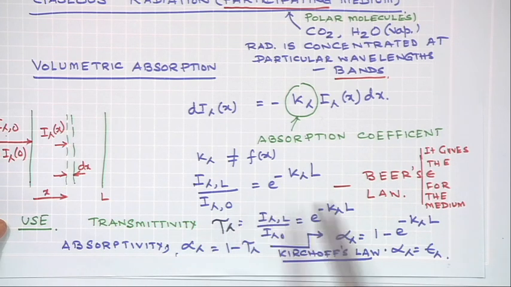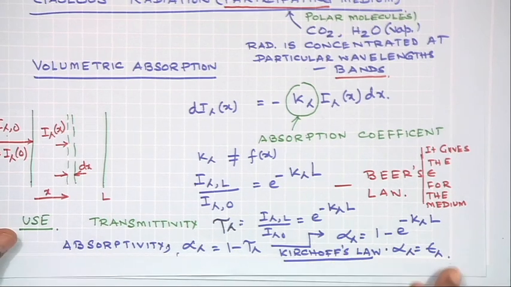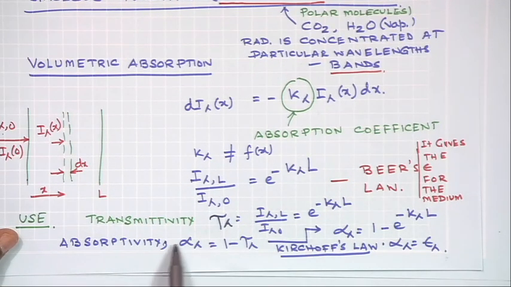So, transmittivity is simply going to be e to the power minus k lambda L, and since for a non-reflecting surface, which is a valid approximation for a gas, absorptivity and transmittivity are related by this expression, what you get is the absorptivity as 1 minus this.